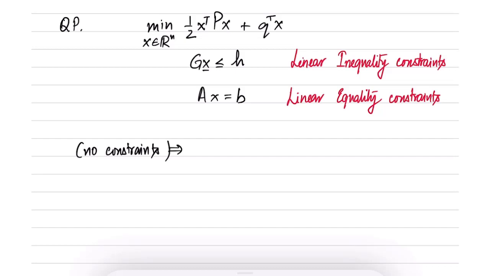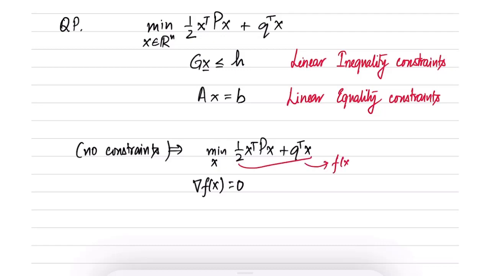If there are no constraints, then the problem can be written as minimize over x, half of x transpose Px plus q transpose x, whose solution can be obtained directly by differentiating the objective function with respect to x. So we can say that the gradient of f(x) equals 0, if we call this f(x), which is equivalent to saying that Px plus q equals 0.